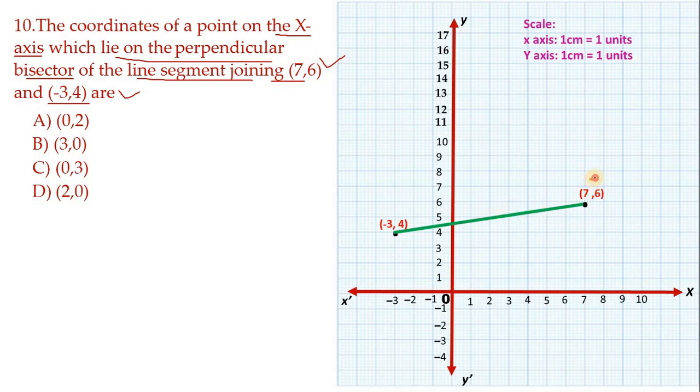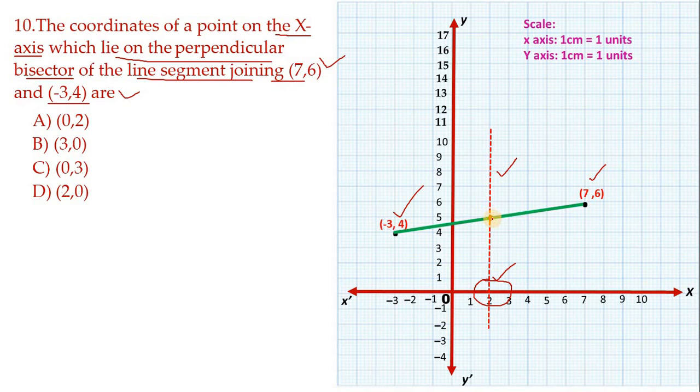The line which I have drawn in green color is the perpendicular bisector of this line, and where that line intersects the x-axis, that coordinate we have to find. This coordinate we cannot find directly, hence we have to find the midpoint of these two coordinates. So first, find the midpoint of these two coordinates.